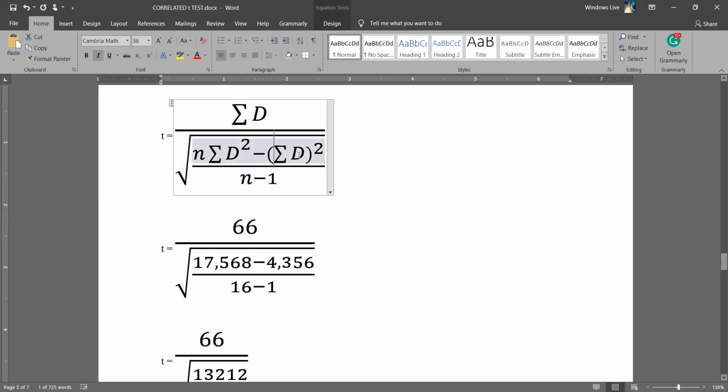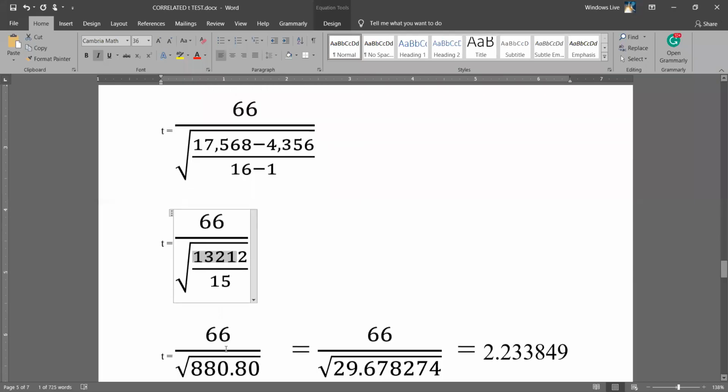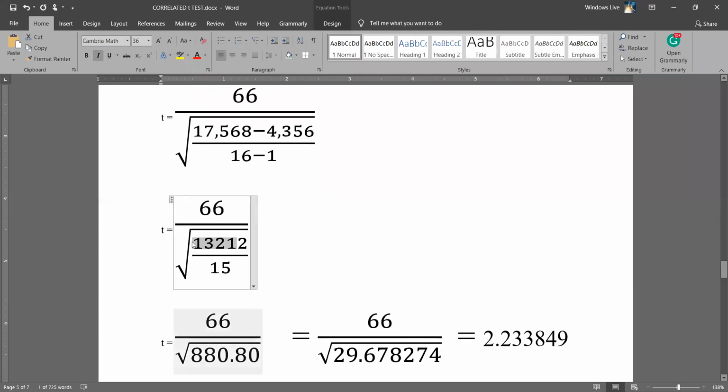Then sigma D all squared, we had it to be 4,356 over n, which is 16 minus 1. Then you solve it systematically. You try and subtract this value from 17,568, which will give you this, over 16 minus 1, which is 15. Then the next thing for you to do is to take away the fraction. And when you take away the fraction, it will be 880.8.